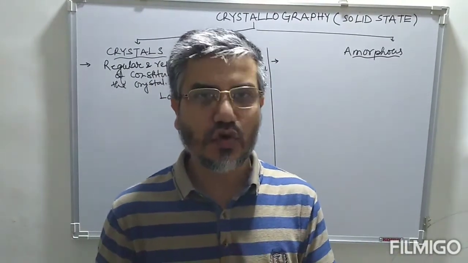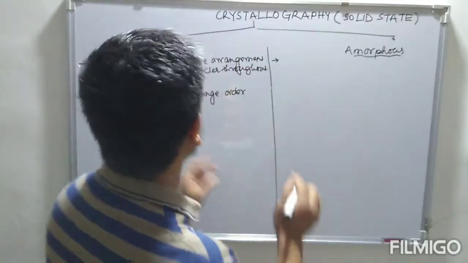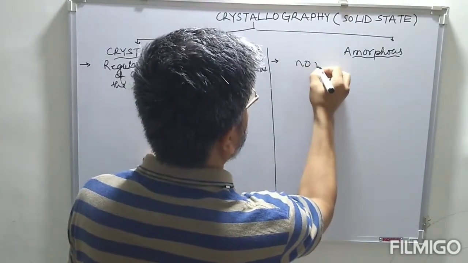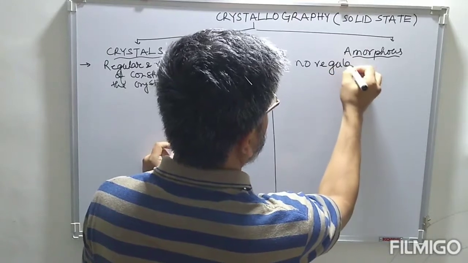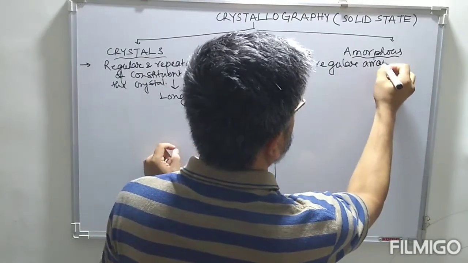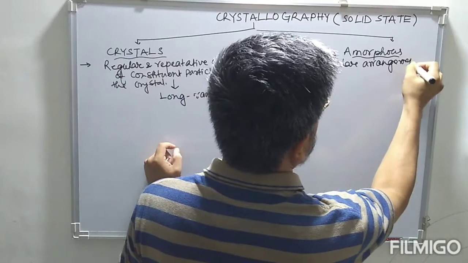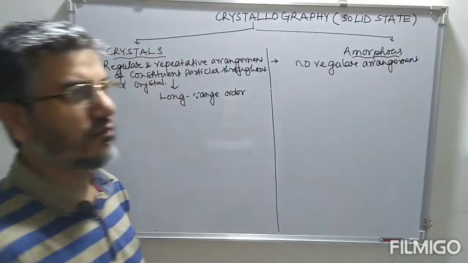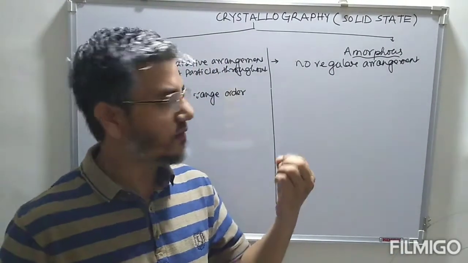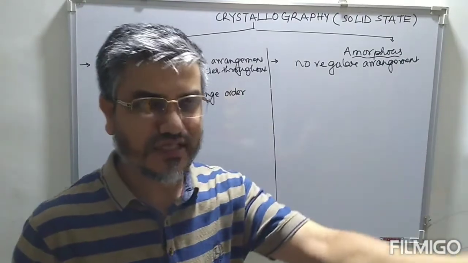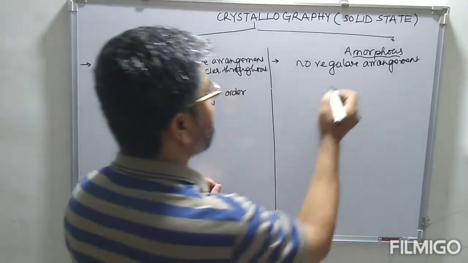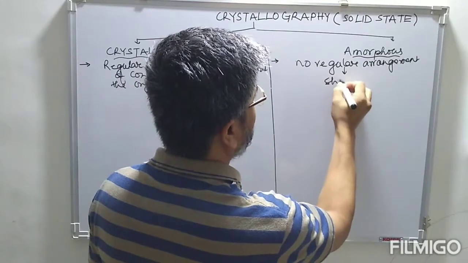So we say this is short range order. No regular arrangement, but we can have regularity only up to a certain extent. So we say this is short range order.